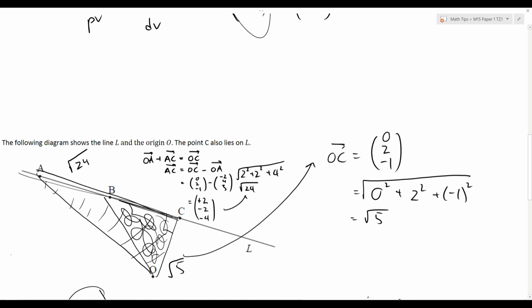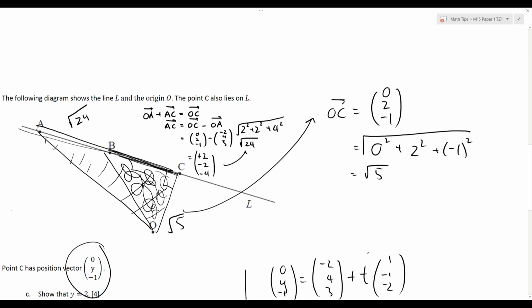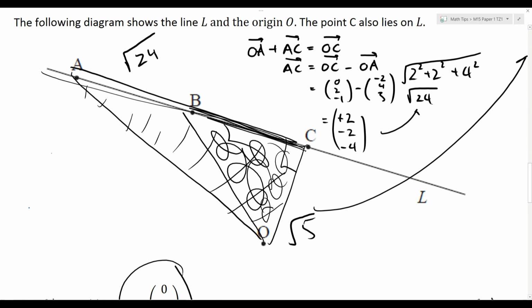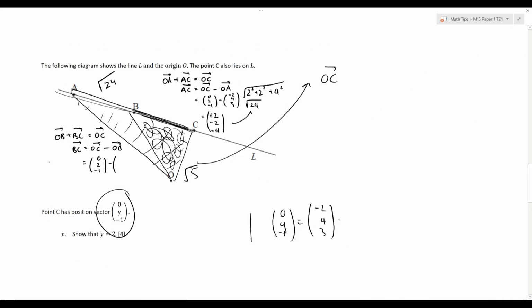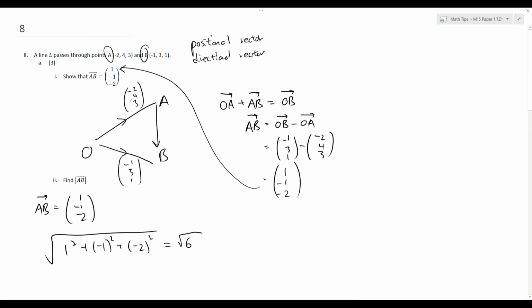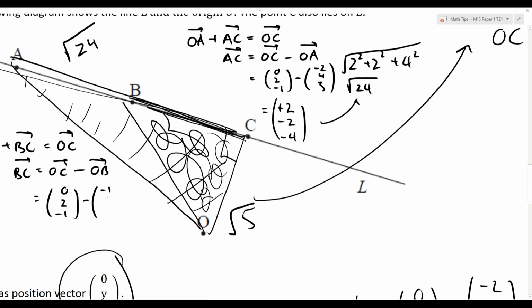Now, another thing we have to find is BC. So we know OB plus BC equals OC. We know, therefore, BC equals OC minus OB. OC is 0, 2, minus 1, minus OB, which was minus 1, 3, 1.